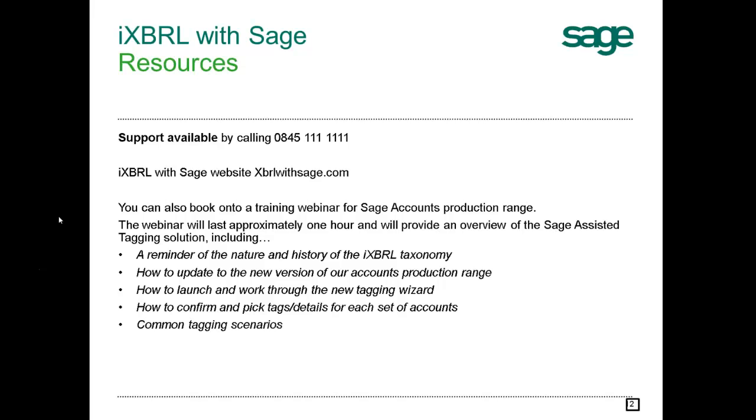We've also got common tagging scenarios within the training, and you can learn how to validate and produce iXBRL accounts. So basically what I've just gone through, but in a more detailed process.